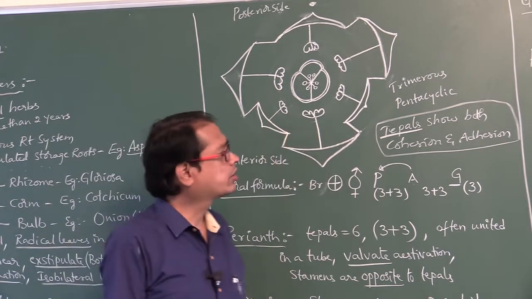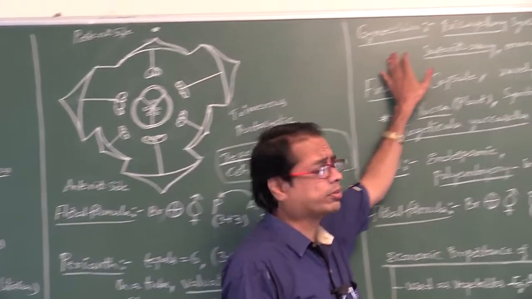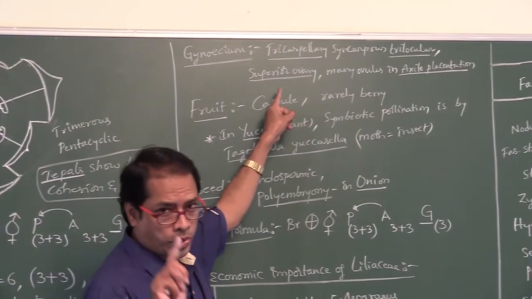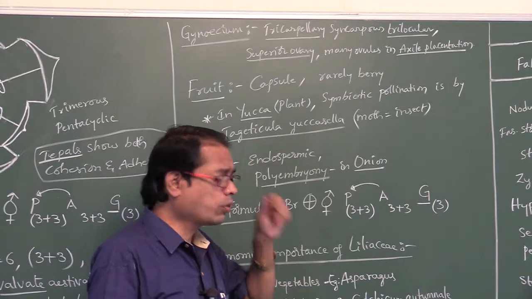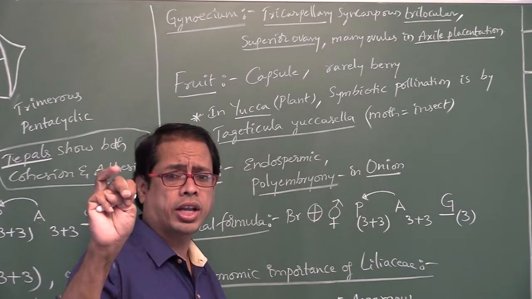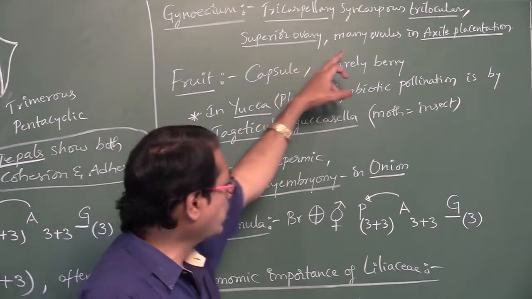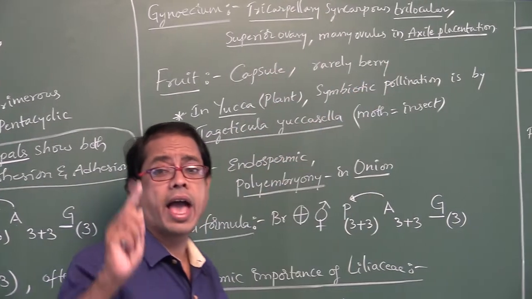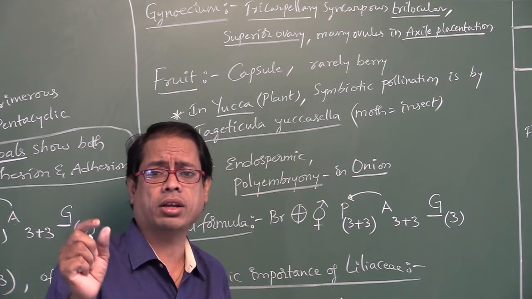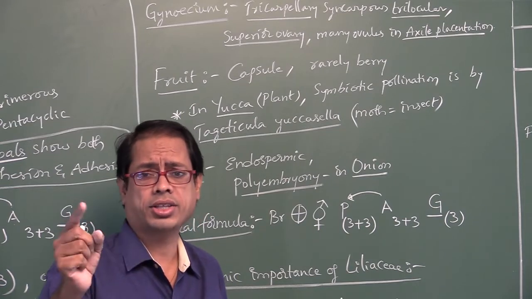Next, come here, gynoecium. Tricarpellary, syncarpous, trilocular, superior ovary. Superior ovary is found in all three families: Fabaceae, Solanaceae, Liliaceae. Many ovules are borne in axial placentation. Axial placentation is found in Solanaceae and Liliaceae.